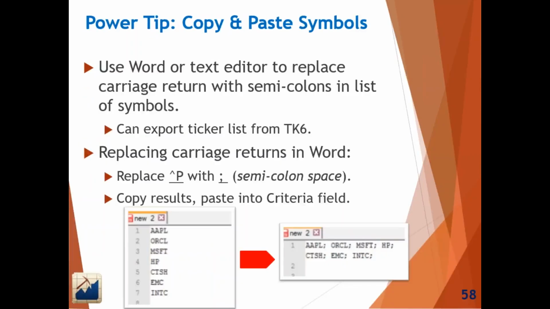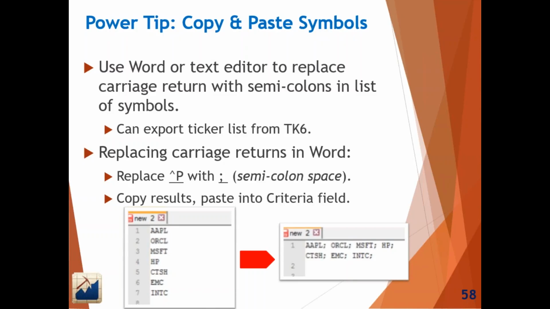But what's really useful is if you have a list of ticker symbols, if you have a Yahoo portfolio, or you want to export your portfolios or your entire Toolkit library list of ticker symbols, you can certainly do that from Toolkit.